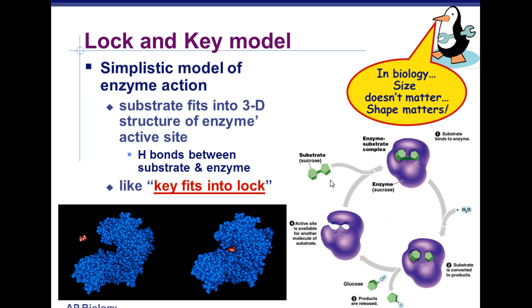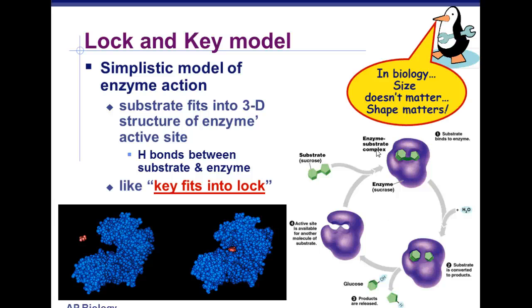Now this binds to the enzyme, in this case sucrase, at the active site. So you see in step 1 sucrose binding to the active site of the enzyme, creating this enzyme substrate complex.